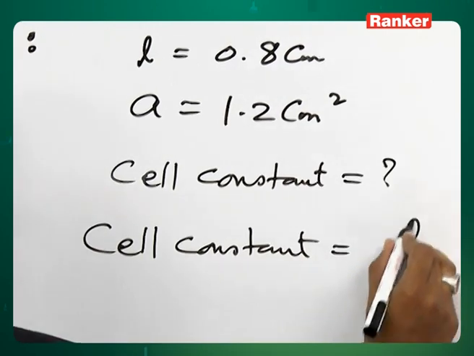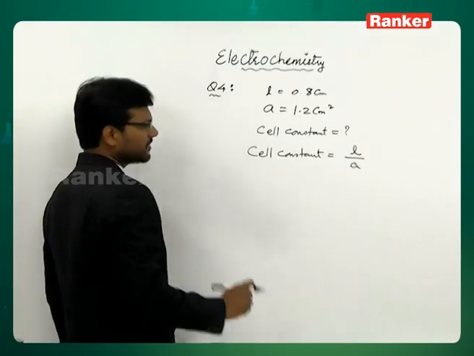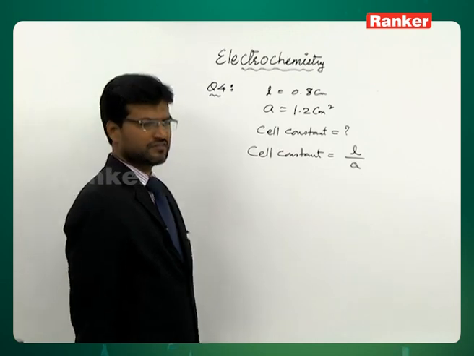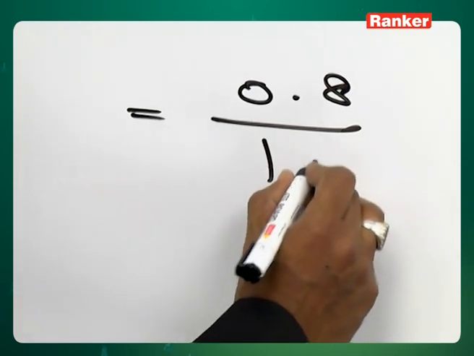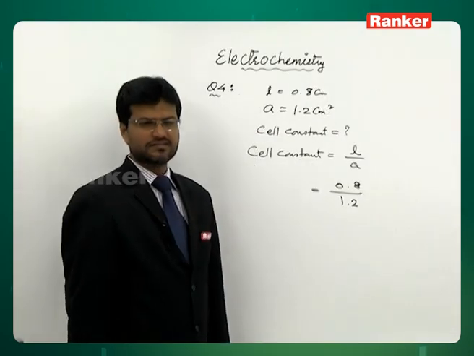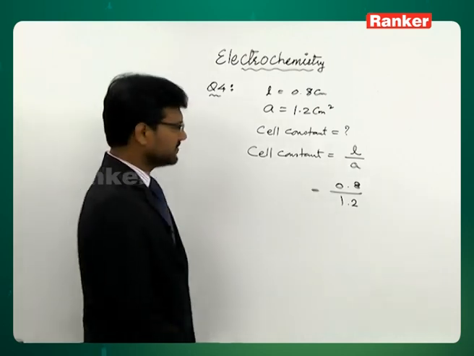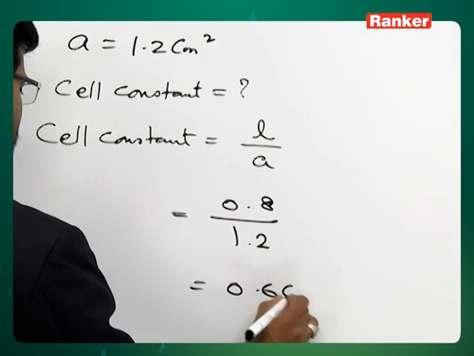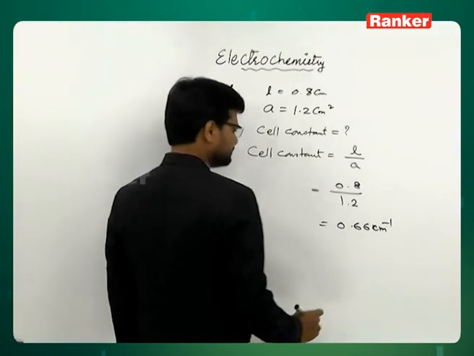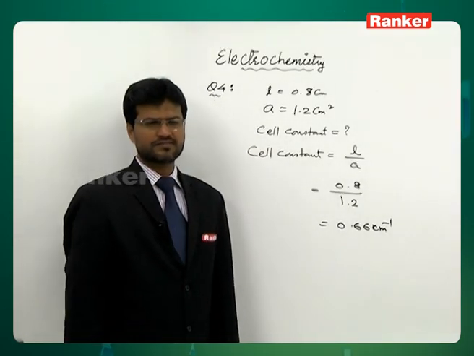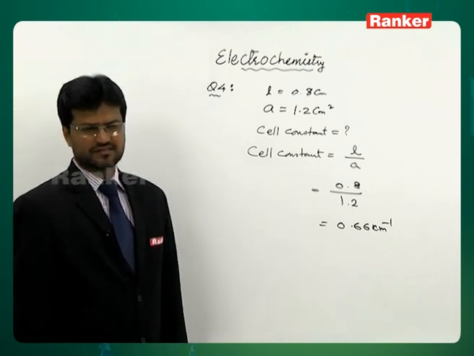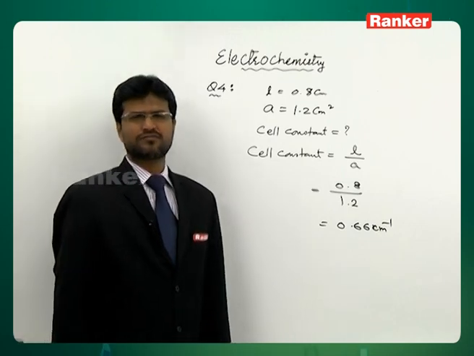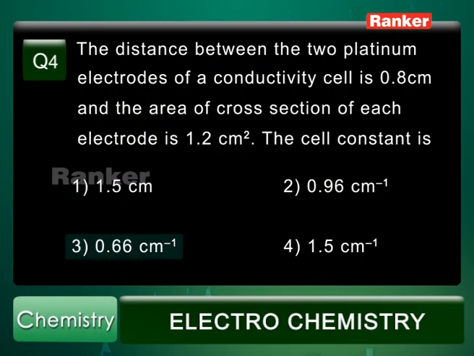Cell constant equals L by A, length of the conductor divided by area of cross section. So that comes to 0.8 by 1.2, and the correct answer is 0.66 centimeter inverse. So correct answer is third option. You can see, first option is given as 1.5, second option 0.96, third option 0.66, and fourth option is 1.5 centimeter inverse. So the correct answer is third option, 0.66 centimeter inverse.